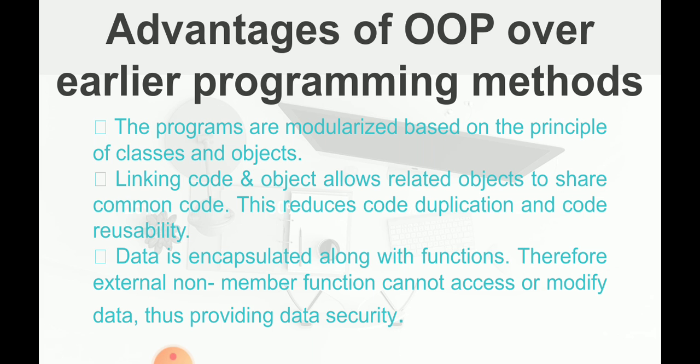The concept of data abstraction separates the object specification and object implementation. And data encapsulation, along with functions, gives more security and provides data security. That is because external or non-member functions cannot access or modify the data.